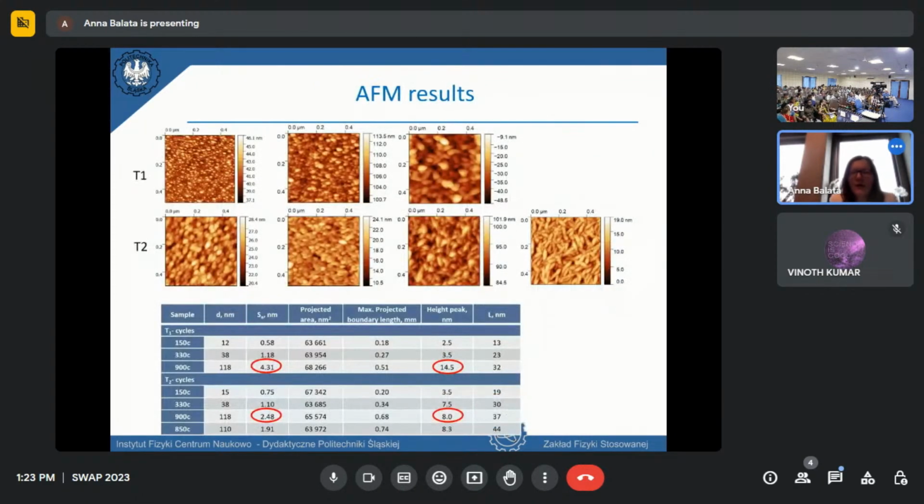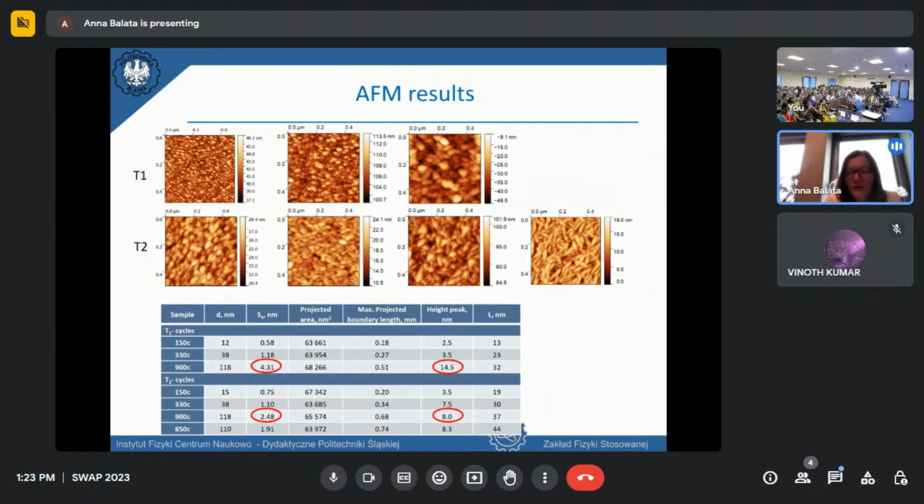We also did some topography imaging, and you can easily see the formation of bigger grains along with the increase of deposition cycles. In case of layers deposited at higher temperature, we had also one sample doped with aluminum. This is the last image where we see quite elongated grains. This is the effect of doping.